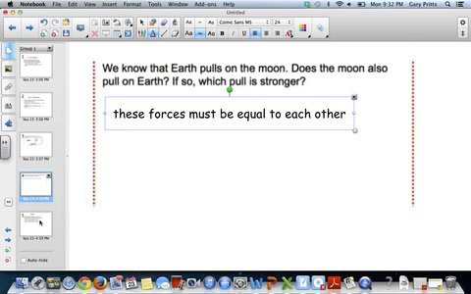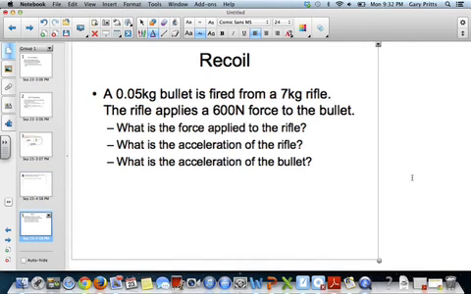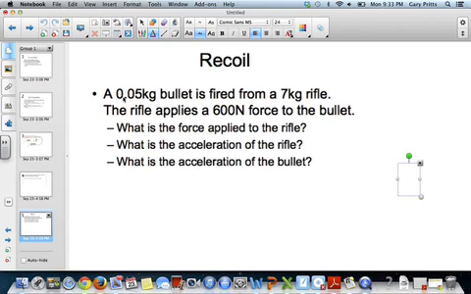And now let's look at one more application to this. The application is recoil. If you have a rifle firing a bullet, you have a small bullet and you have a larger rifle. If the rifle applies 600 newtons of force to the bullet, then what is the force applied to the rifle? Well, let's go back here. We have two forces.